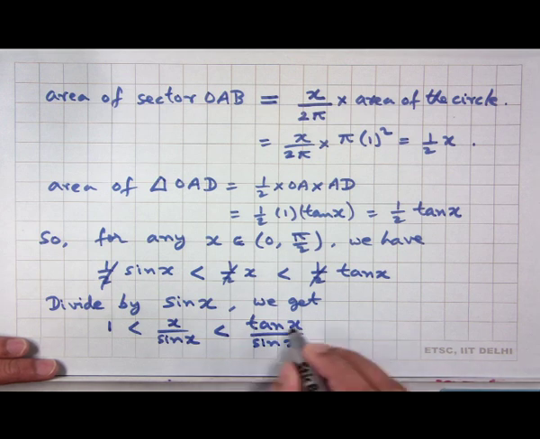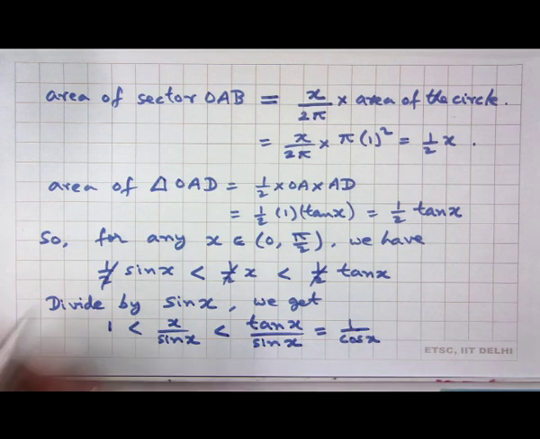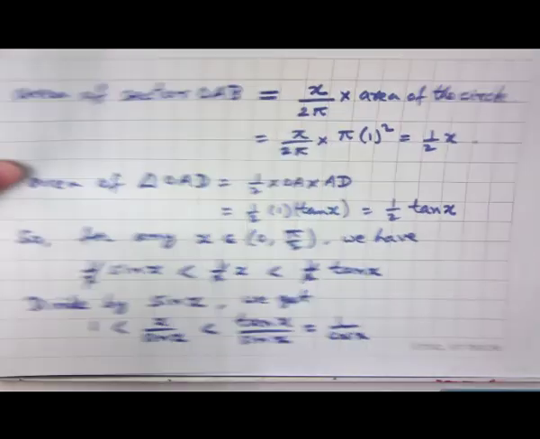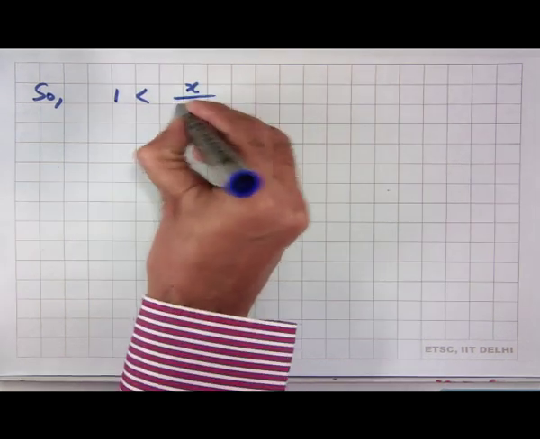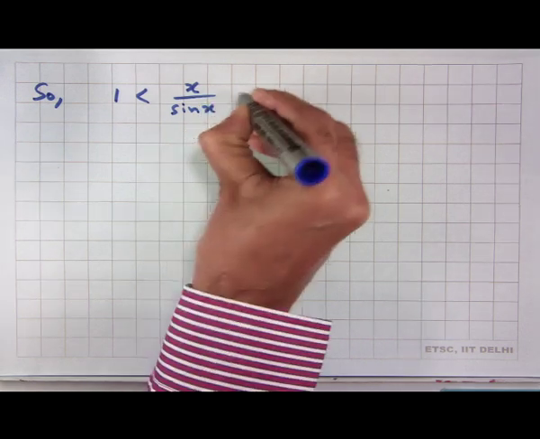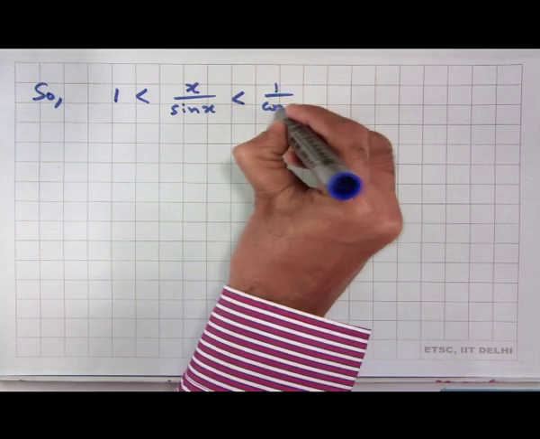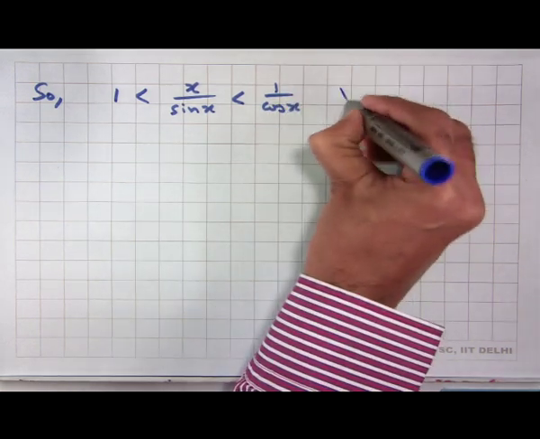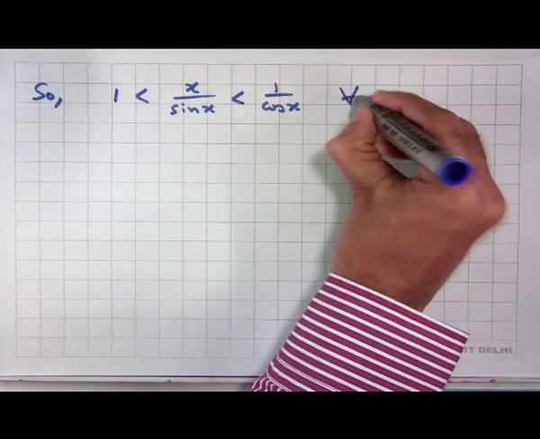But tan x is sin x divided by cos x. So, this is equal to 1 by cos x. So, the conclusion is what we get is, 1 is less than x by sin x, which is less than 1 by cosine of x for every x between 0 and pi by 2.